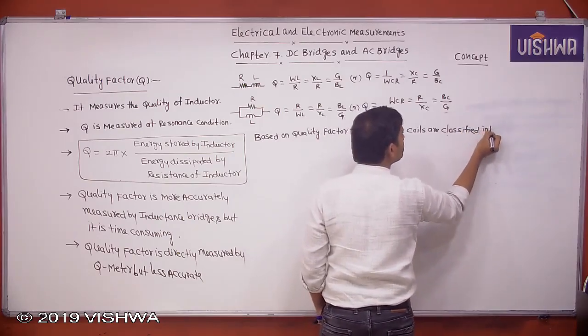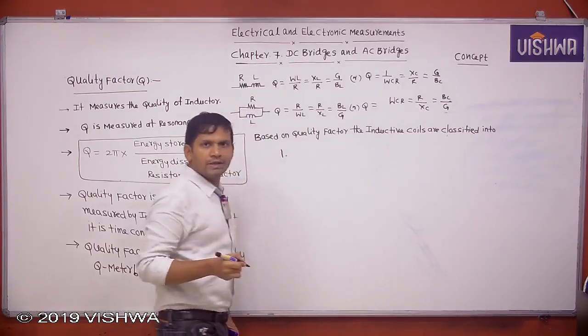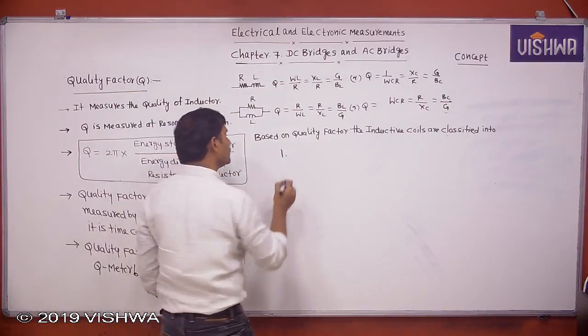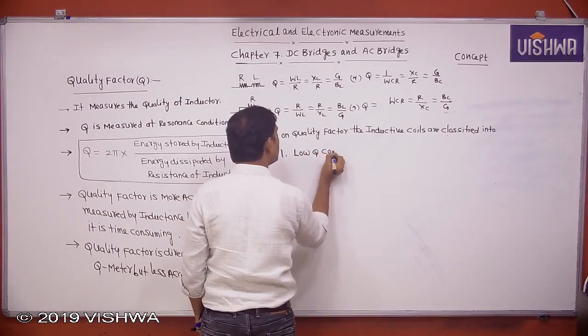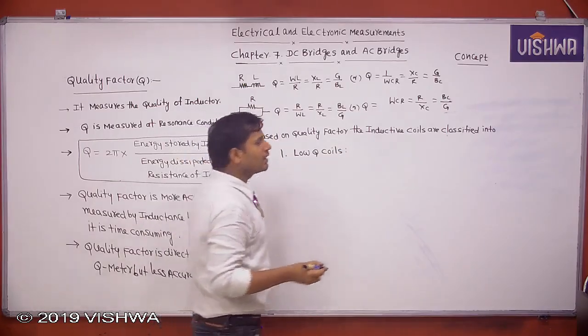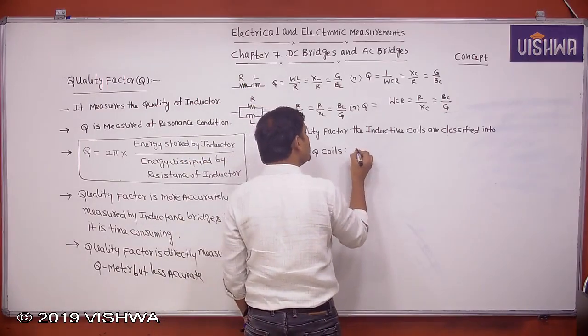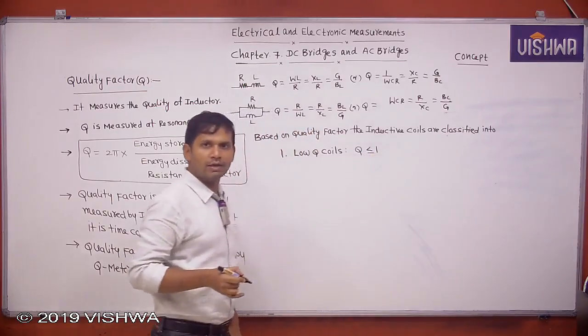One is low Q coils, that is low quality factor coils. If Q is less than or equal to 1, those coils are called low Q coils.